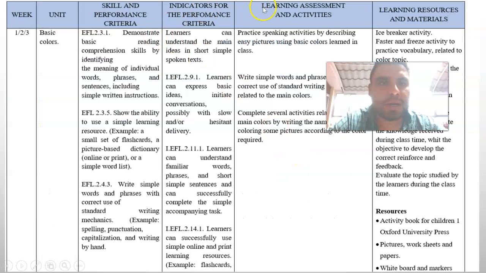We have the learning assessment. This is really important in order to check if the students learned and understood the knowledge. We have the resources and materials, which is about what materials I am going to use in my class. This is the bibliography that I use in order to design and prepare my lesson planning.